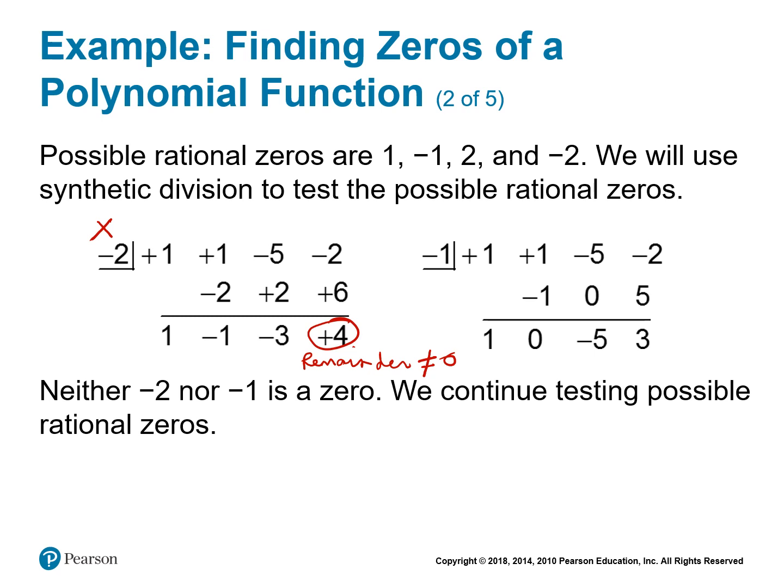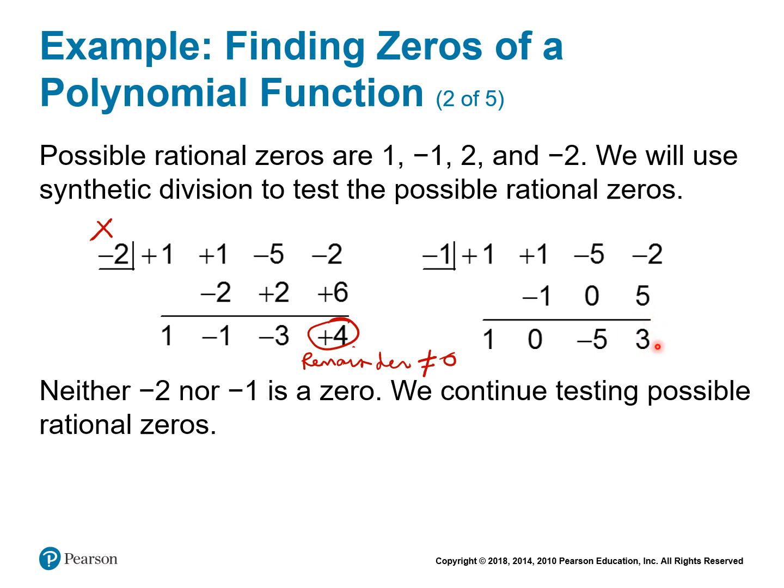All right, so now we take the c value of -1 and do the synthetic division on the same set of coefficients. When we do that, we see that the remainder this time is a 3.